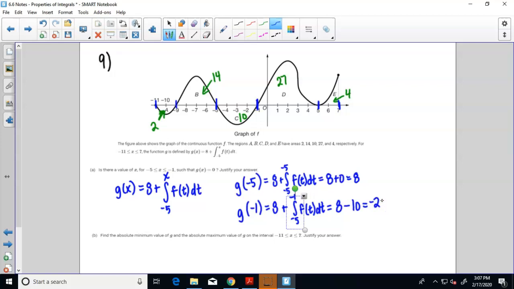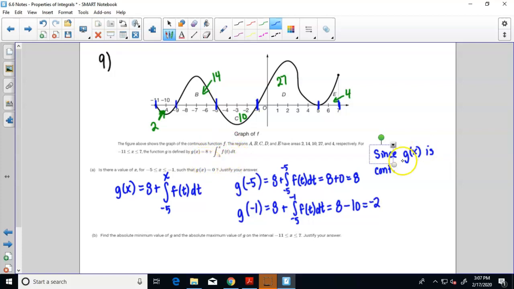Now that does not equal 0, but would it have to equal 0 somewhere? Somewhere in between. So does anybody remember the theorem for that? There's the theorem. It is the intermediate value theorem. Very good. And we would have to say, since g of x is continuous, and it would be continuous because f is continuous, so integrating f is still going to be continuous. Adding 8 does not change anything.